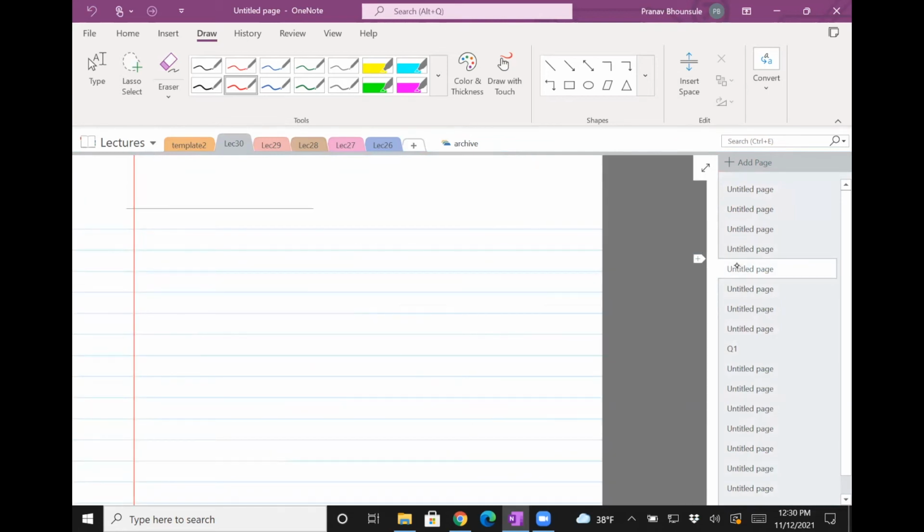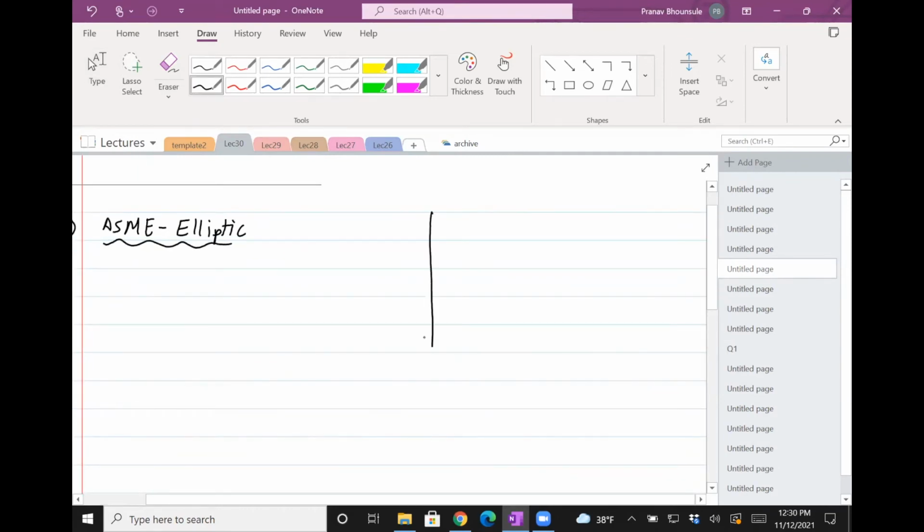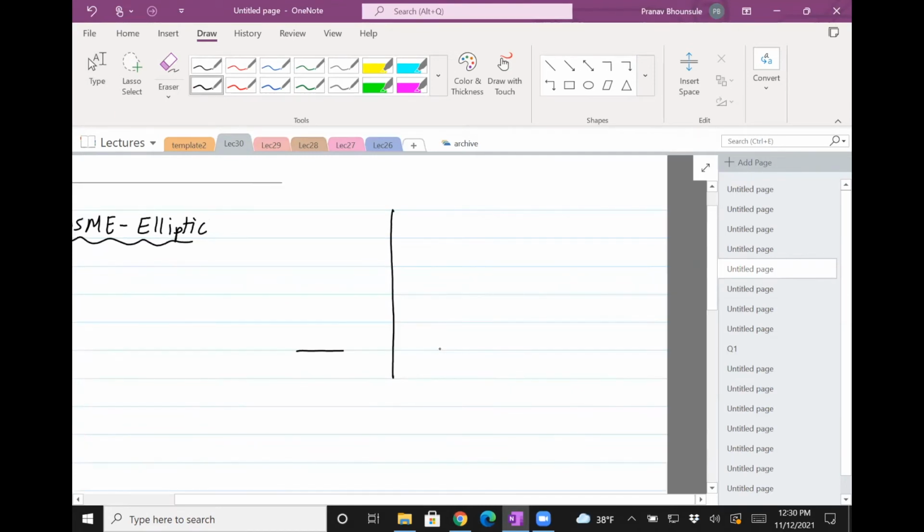So the last curve we're going to talk about is the ASME elliptic line. So let's do all the lines on this plot now.